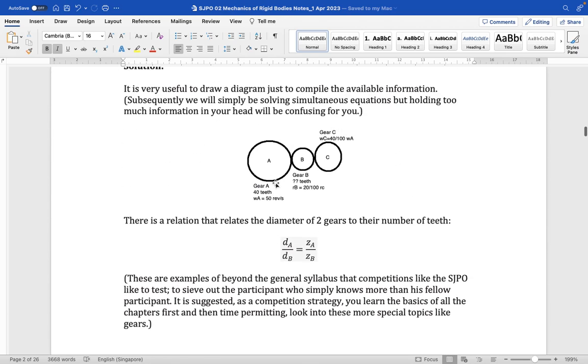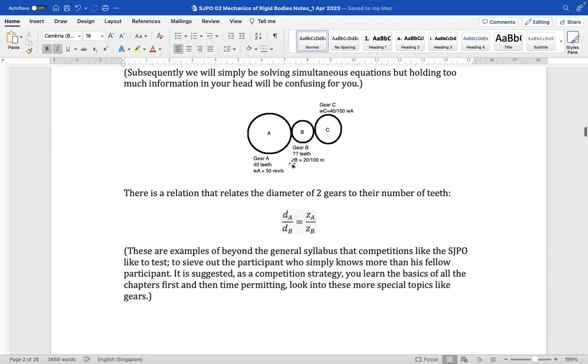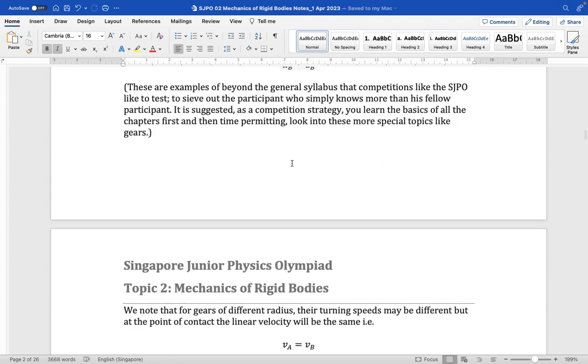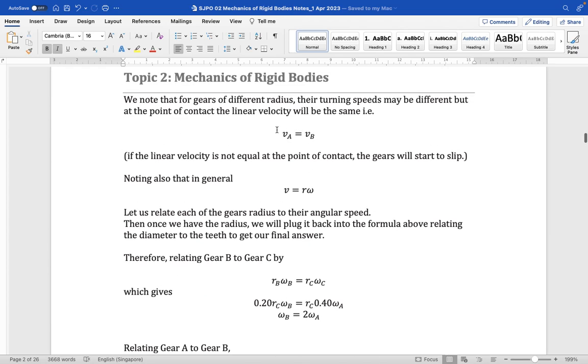So when you have, for example, these kinds of objects, gear A may rotate much more slowly than gear B. But at the point of contact here, they both will have the same linear velocity because they will not have any slipping. They are moving smoothly together with all the teeth connecting with each other. So we know that vA equals vB.